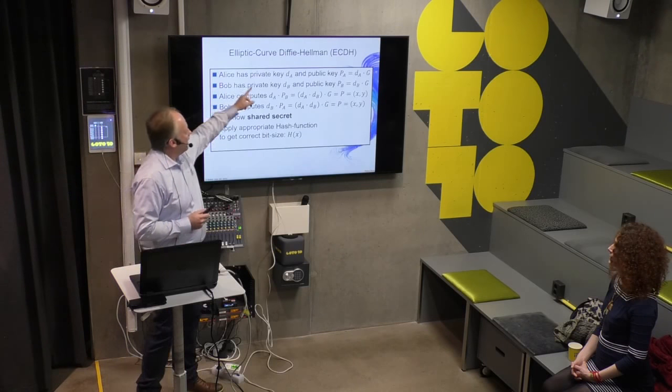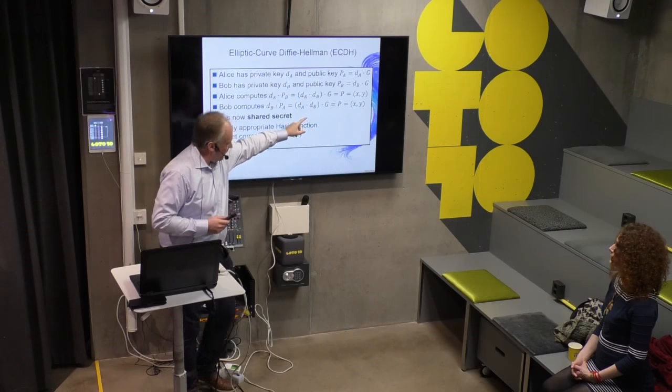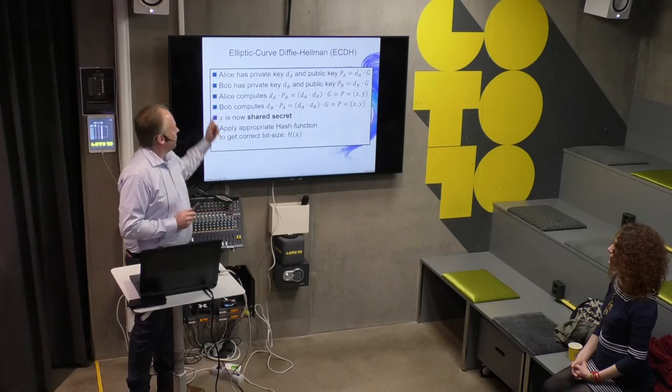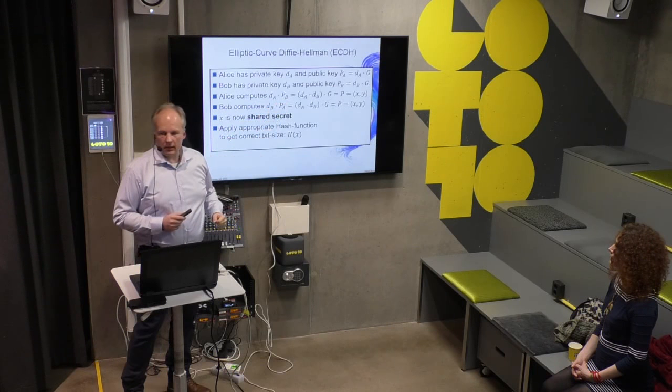If Alice has her private key, she has a public key, which is the private key times the base point. Bob likewise has his private key and public key.